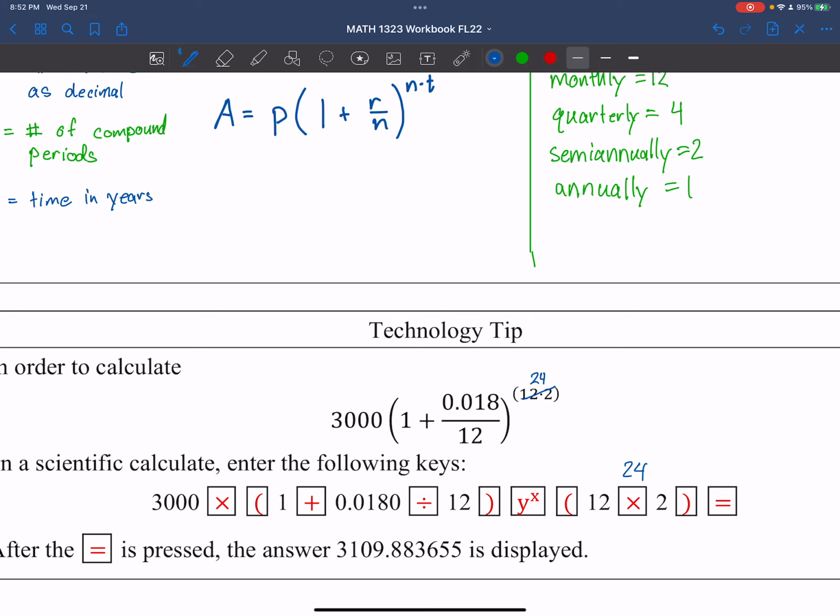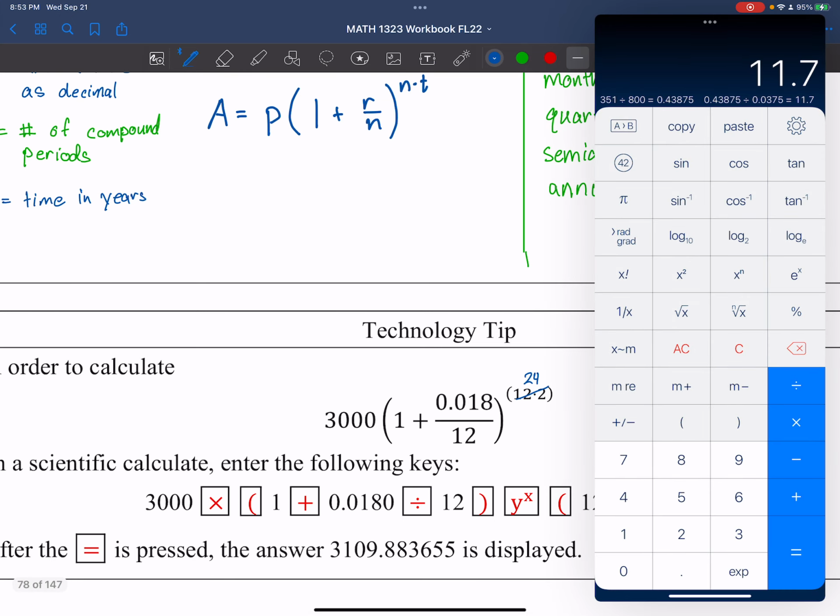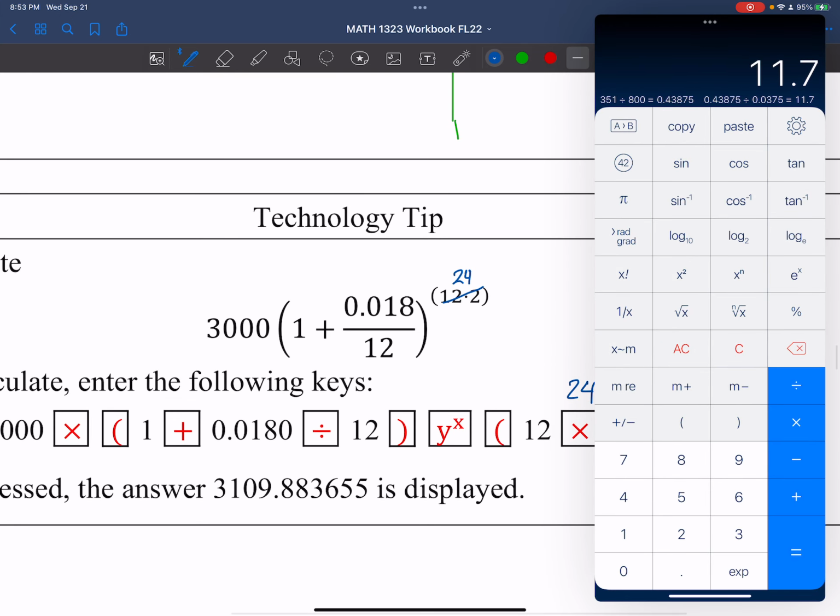So to do this, I'll kind of do it alongside you. Go ahead and clear everything out, and we'll first start by computing this fraction: 0.018 divided by 12 and hit equal. After each one of those, I'm going to hit equal.